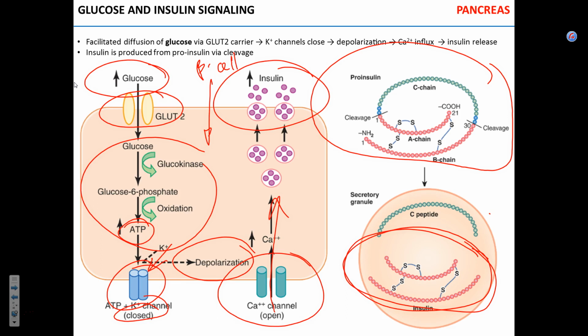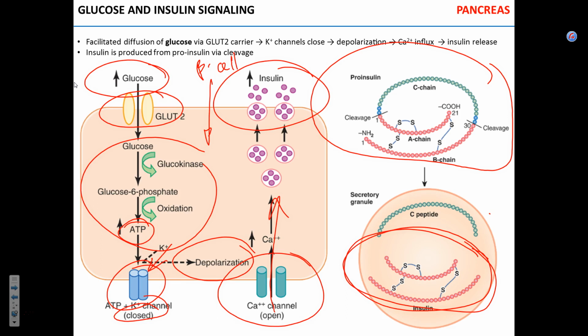Does that make sense? When potassium channels close, what happens to the intracellular concentration of potassium? It increases. How does it change membrane potential? Cell depolarizes. How does depolarization affect calcium channels? Opens the voltage-gated calcium channels. What happens to calcium then?